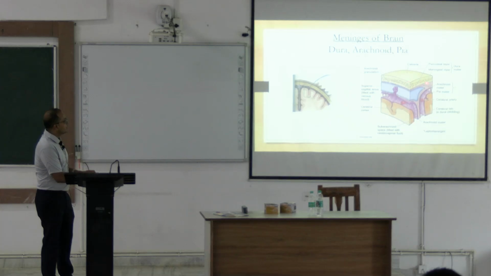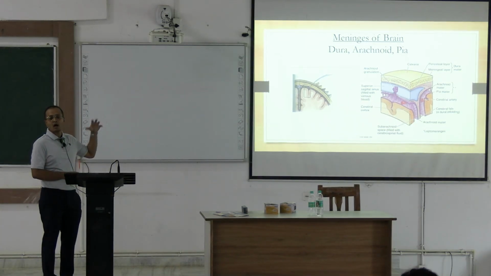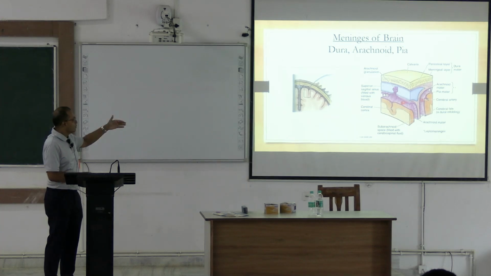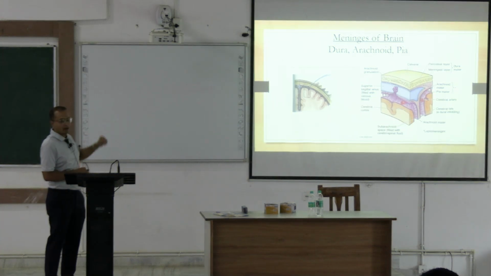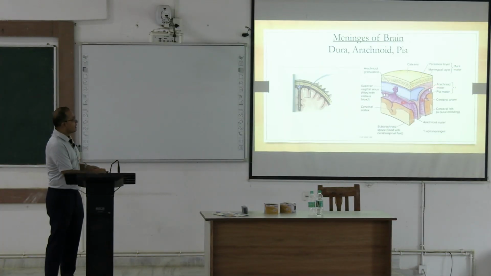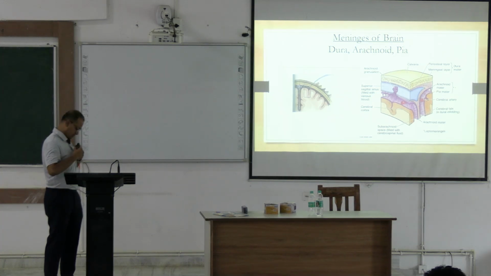Now you see that the Dura Mater, extending from here to here, is the toughest, outermost and thickest layer. Then we have the arachnoid and the Pia mater between them. For all practical purposes, the Dura Mater and the arachnoid mater are blended with each other, so not much space exists between them.